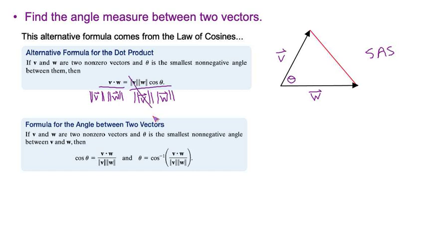Well, this divides out and I'm left with cosine theta equals all of this. So that's exactly what we have down here in a formula for finding the angle between two vectors. So if we take this form here, cosine theta is the dot of v and w divided by the product of the magnitudes of v and w, and we solve for theta, we just need inverse cosine.